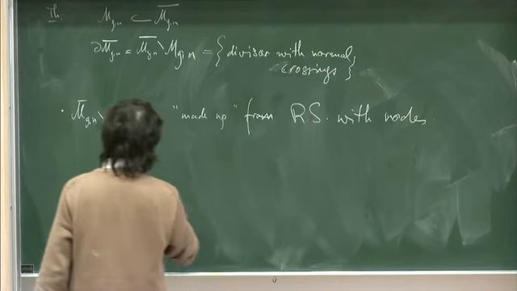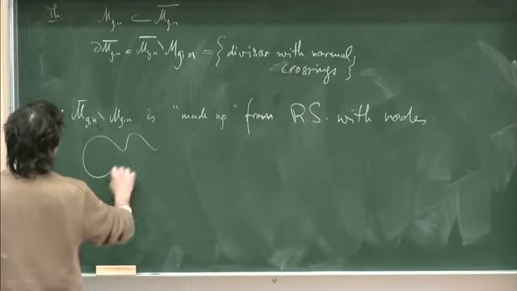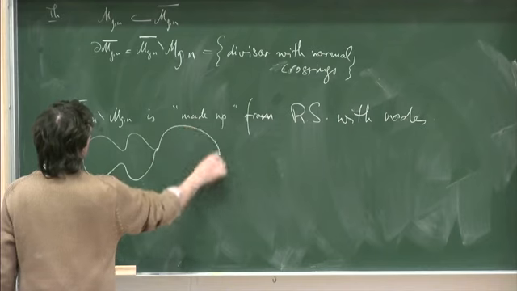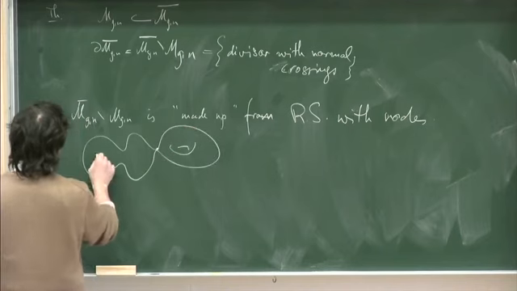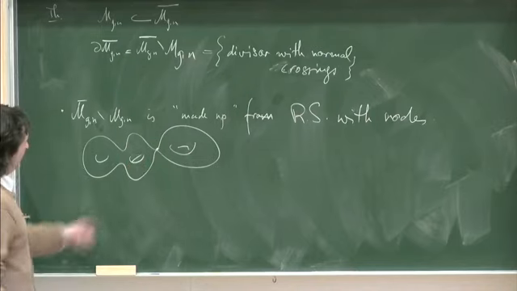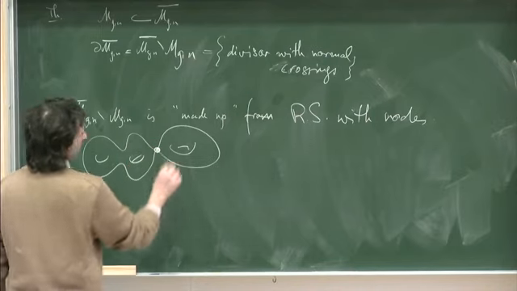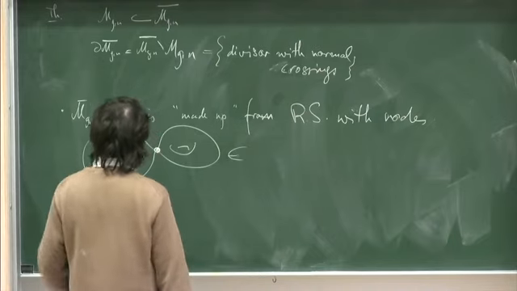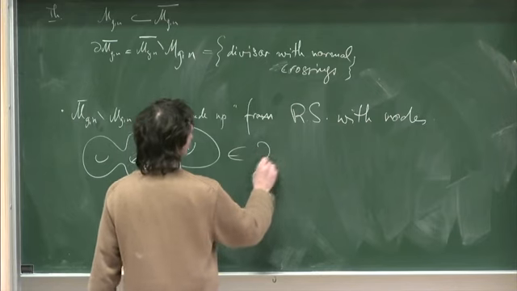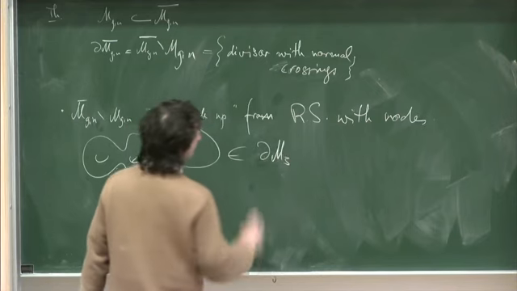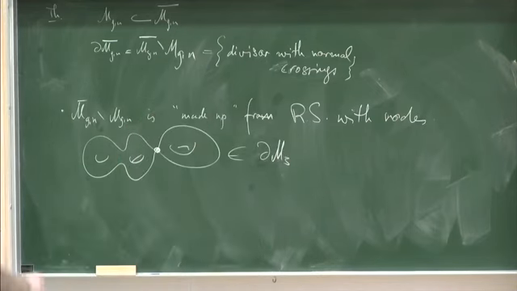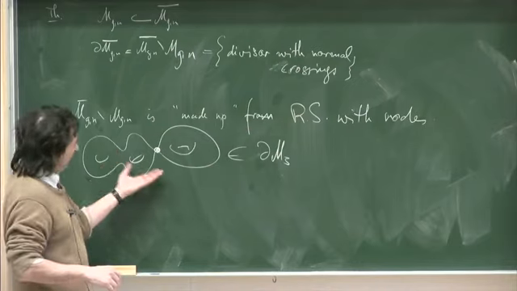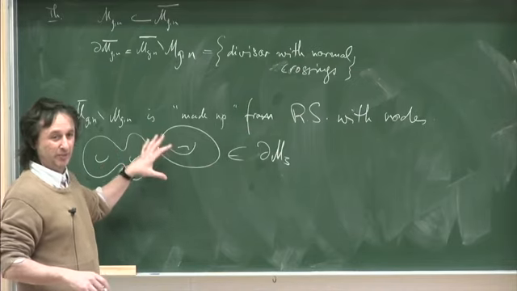Okay, so you have typically this surface where here you have a node, which sits in the boundary of M3 bar. So when I say this surface, it doesn't mean anything, it's purely topological.